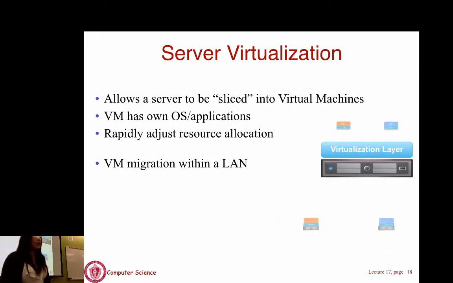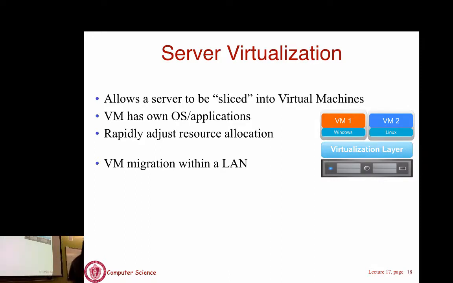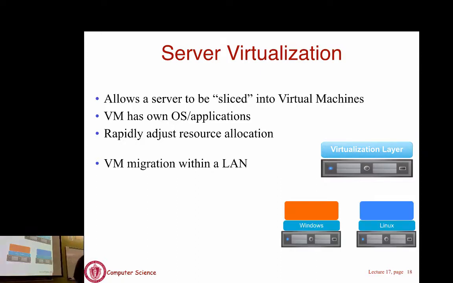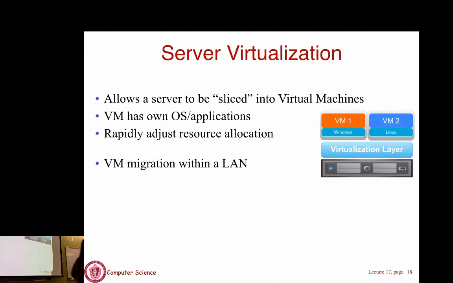So the example will be that if you previously have Windows and Linux machines running without virtualization on 2 different machines, and now you got another powerful machine on top with the virtualization layer installed, what you can potentially do is that instead of running 2 machines, you can run them both on top of that powerful machine.